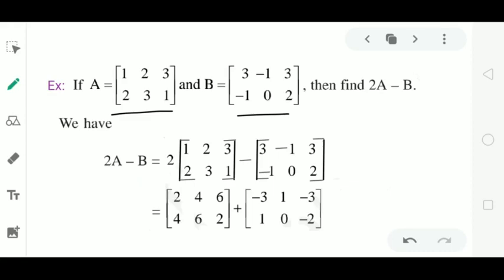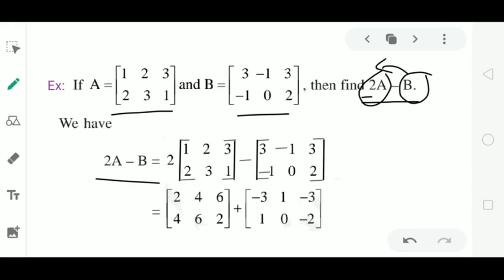Now we have to find the matrix 2A minus B. How can we find 2A minus B? Observe here, 2A means it is a multiplication of matrix A by scalar 2, and then we have to subtract matrix B from this resultant matrix 2A.